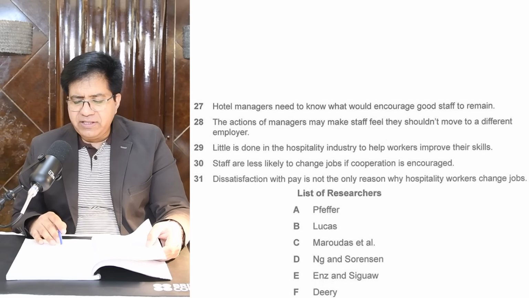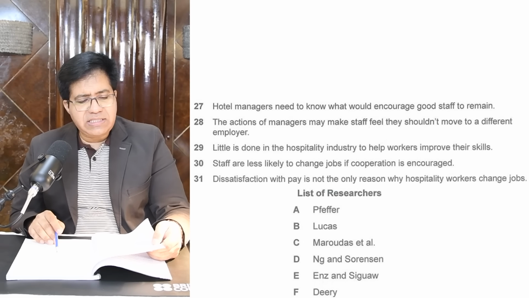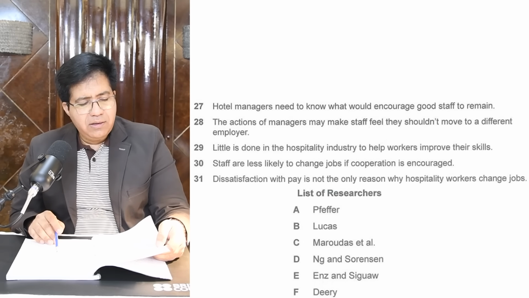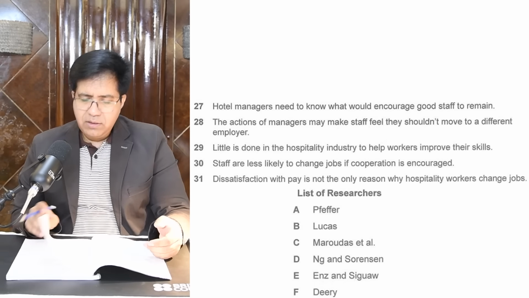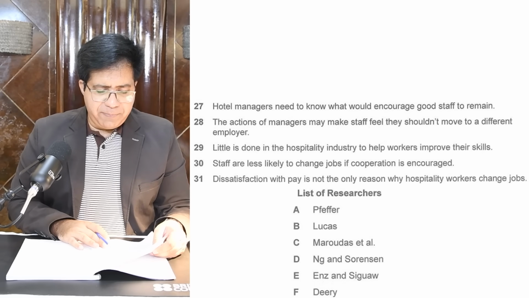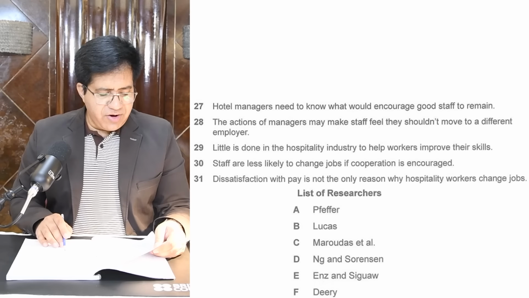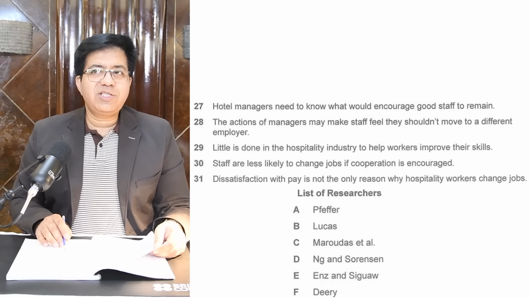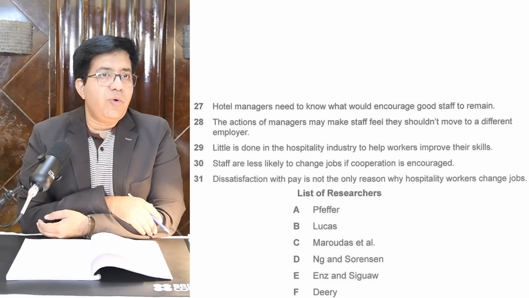After that, we've got Ins and Sigua. Second page, third paragraph, we've got Ins and Sigua. And Dearie, last paragraph. Got it? Now these are the locations where your answers are going to be.